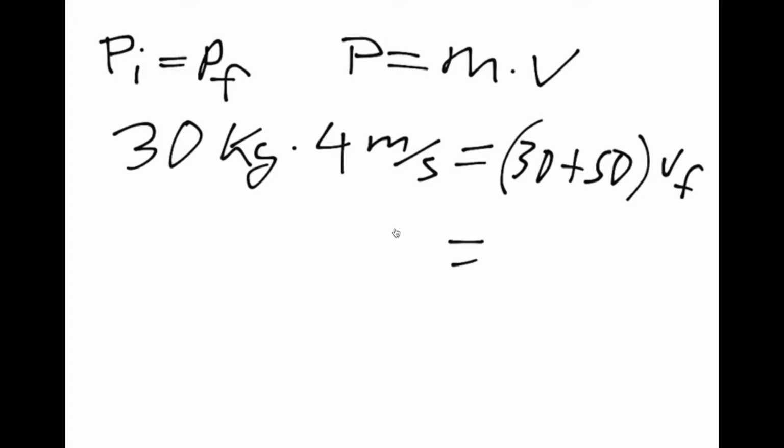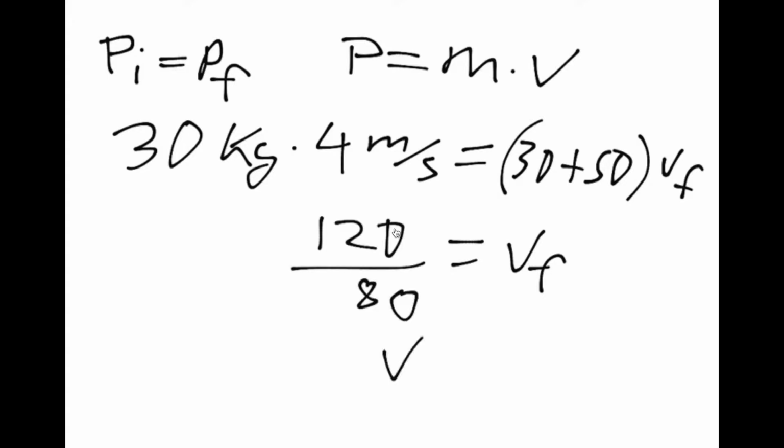And we're trying to solve for Vf, so we isolate Vf on one side, and Vf is equivalent to 120 over 80, and Vf is equal to 1.5 meters per second. So that's the first part of the question.